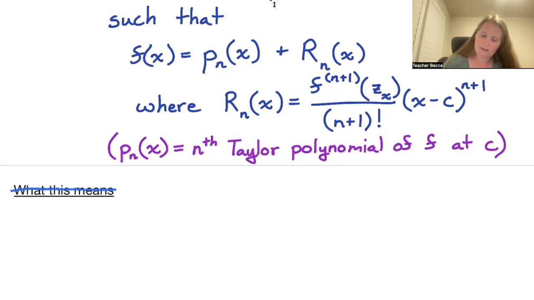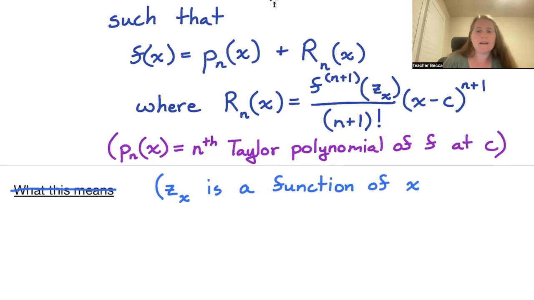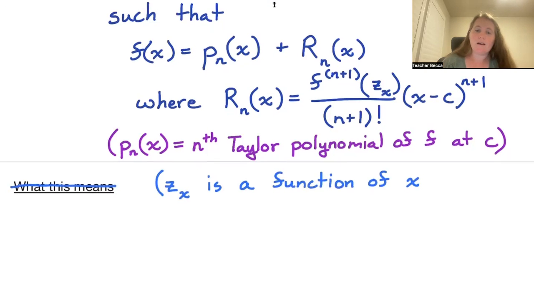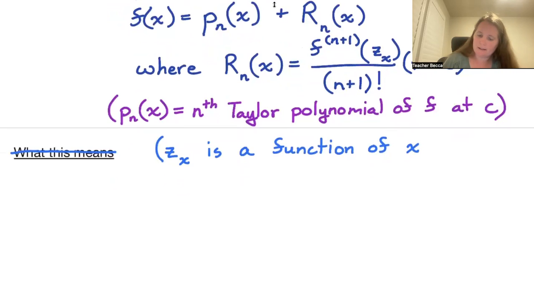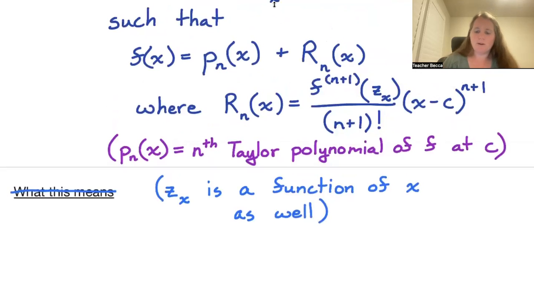Z sub x itself is essentially a function of x. Right, so z sub x is going to differ from one x value to the next. So essentially, we can find z sub x's that make f of x equal to the nth degree polynomial plus this weird additional n plus first term.